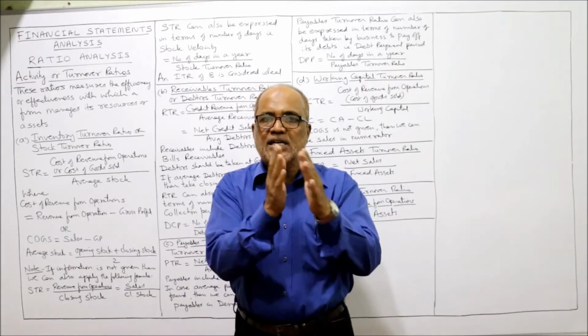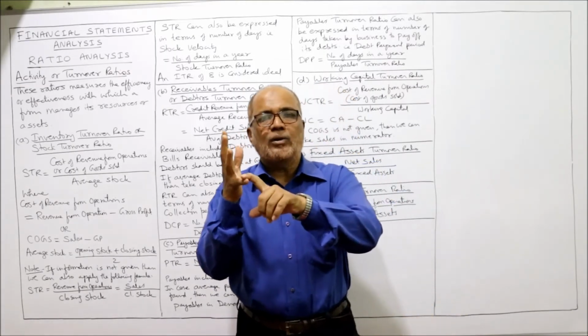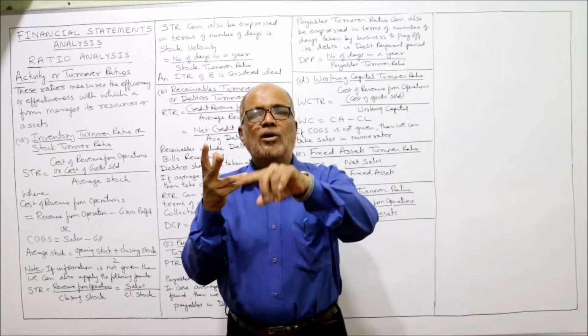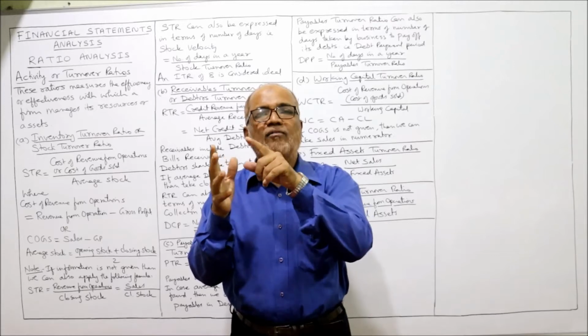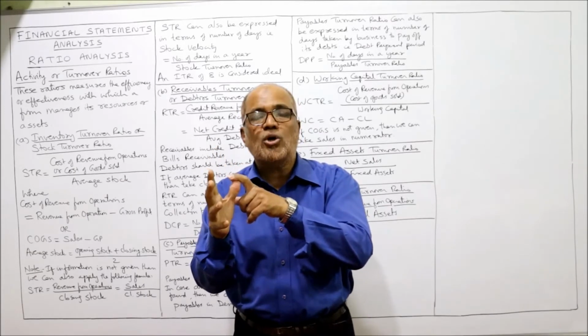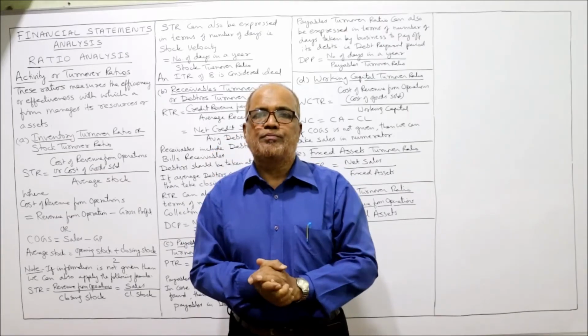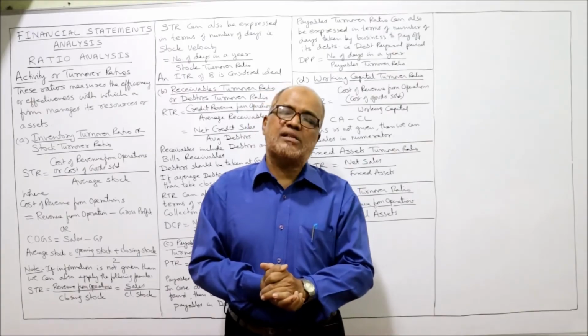The 6 leverage or capital structure ratios: debt equity ratio, proprietary ratio, capital gearing ratio, fixed assets ratio, interest coverage ratio and dividend coverage ratio.